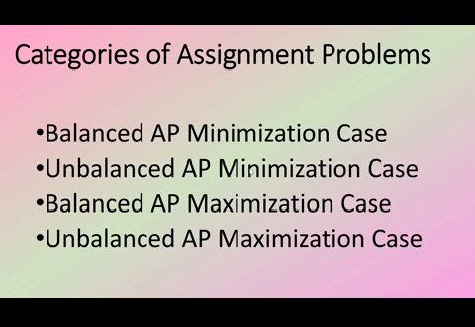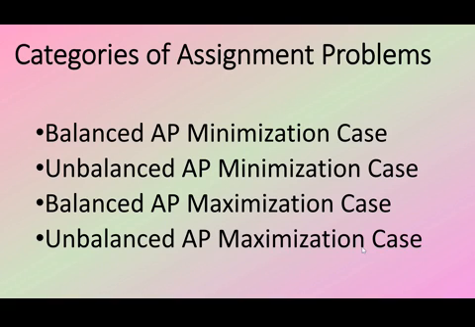Out of all these four, the natural way, or the standard way, of solving an assignment problem is the balanced assignment problem in the minimization case. So this is the standard form.